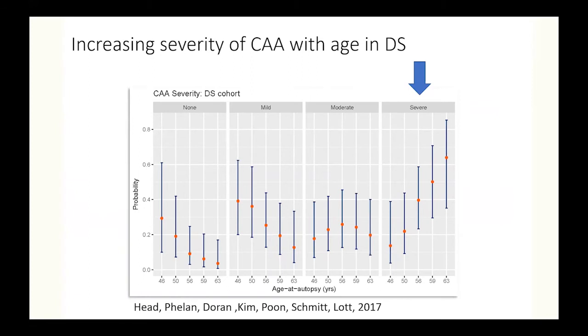We can see that the severity of cerebral amyloid angiopathy decreases with age. So we have fewer cases without CAA with age, but more strikingly, there's almost a slight linear relationship of increasing severe angiopathy with increasing age. So clearly an issue for people with Down syndrome.